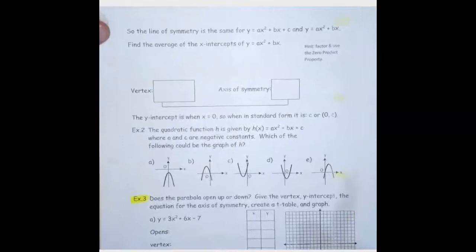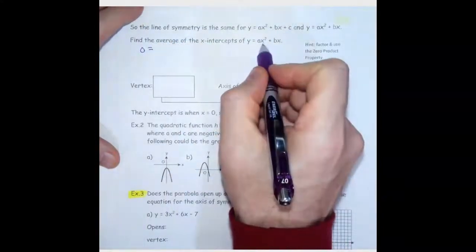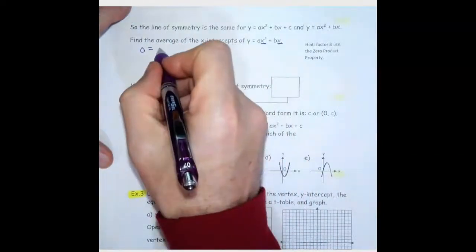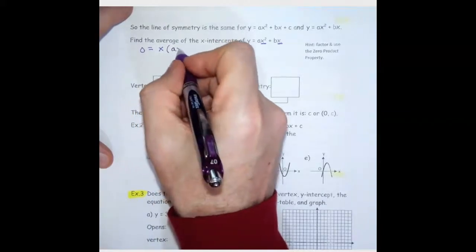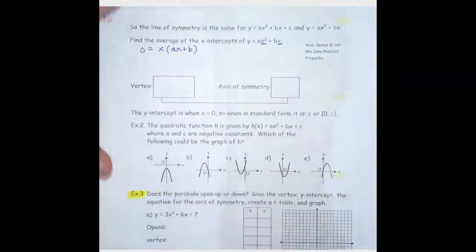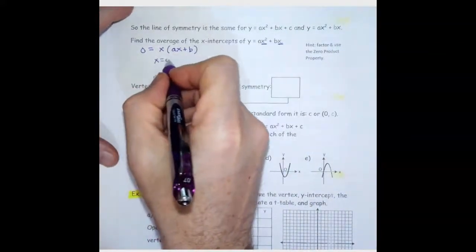So let's find the average of the x-intercepts. The x-intercepts are when y equals 0. So if we let y equal 0 and then we factor an x out of this, that's going to be x times (ax plus b). So that gives us x equals 0 as one of these.